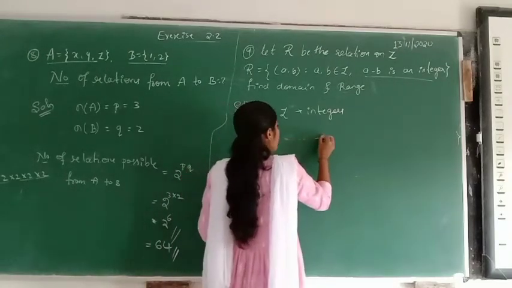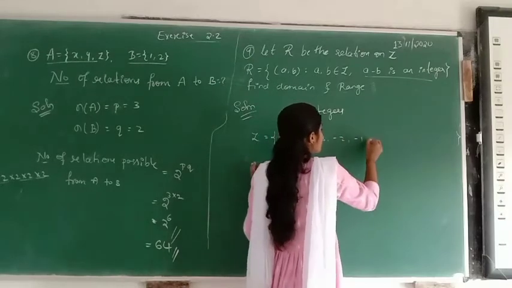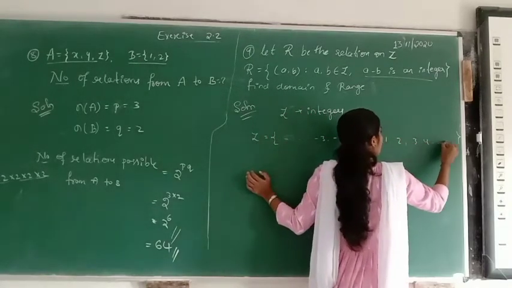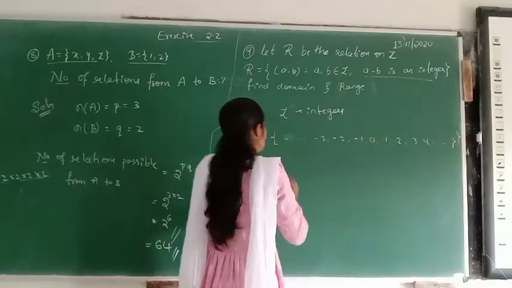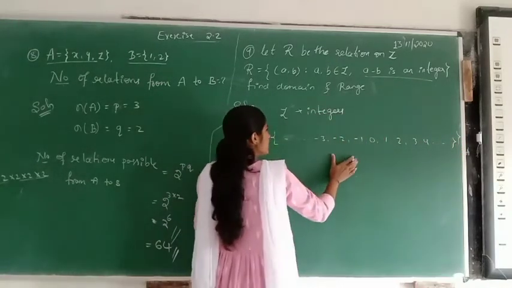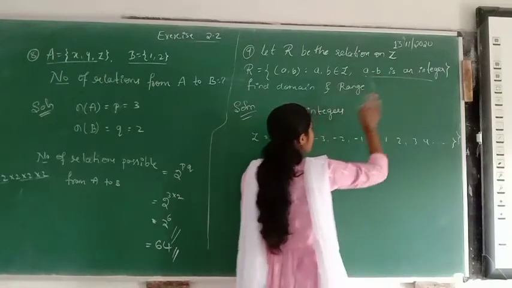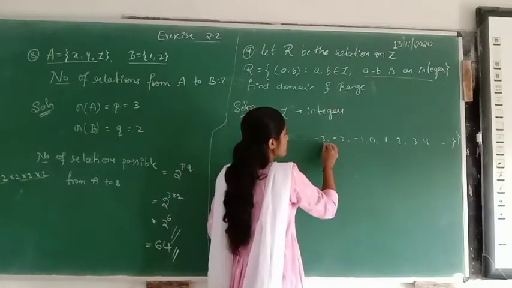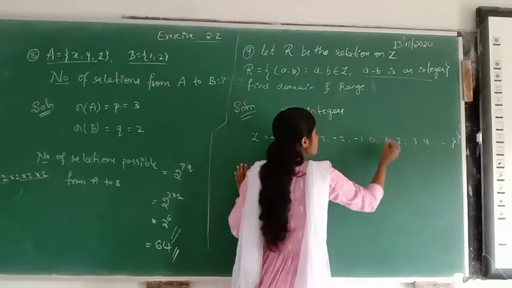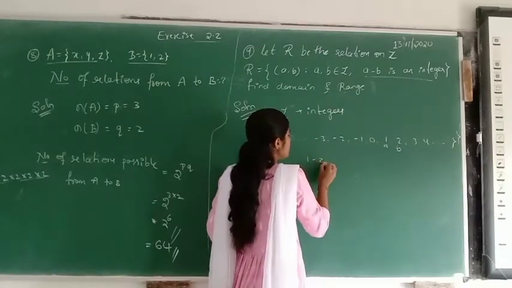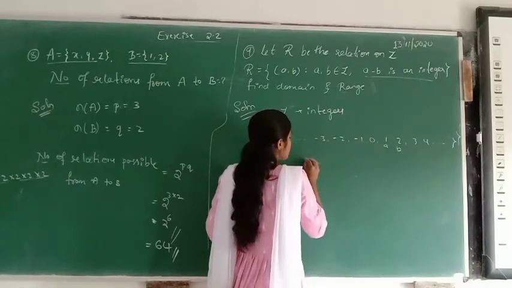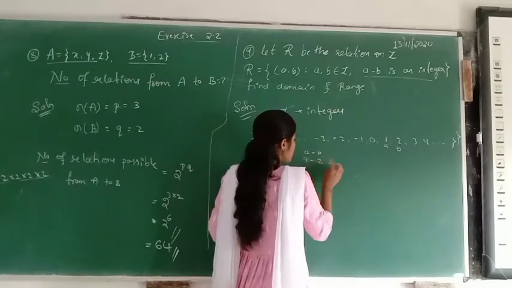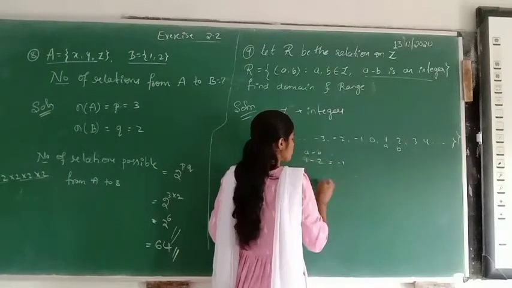That is, so on: -3, -2, -1, 0, 1, 2, 3, 4, and so on. This is the set of all the integers. See, A minus B is an integer. Suppose I consider A and B as 1 and 2. A minus B is 1 minus 2, which is minus 1.